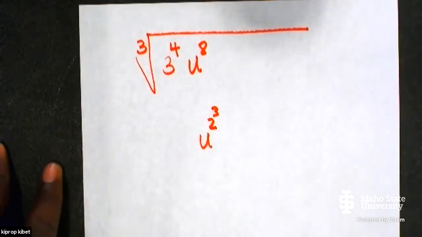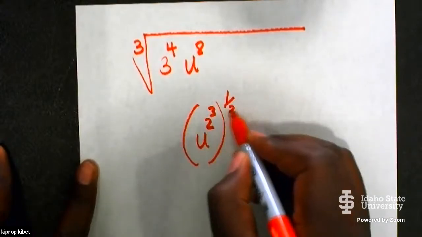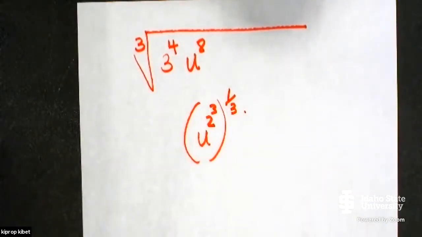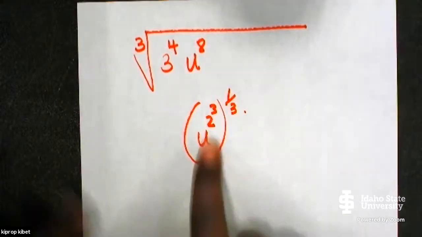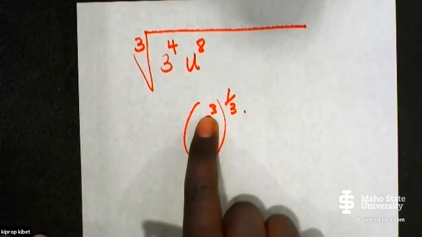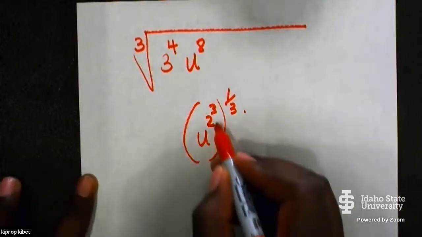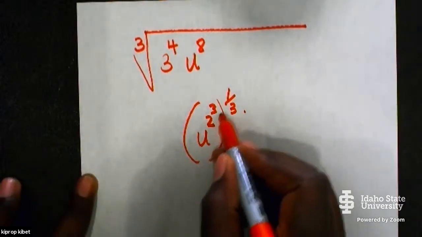Mm-hmm. And we know that this one is raised to 1 over 3. So it is not the same as, because all this is the power. The 2 raised to 3 is the power of that. It's not like the power of this.